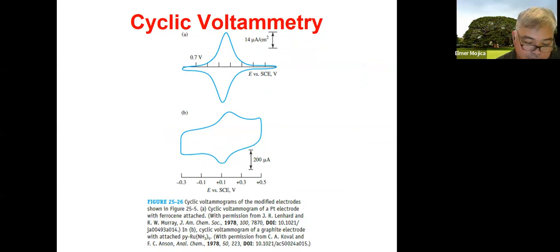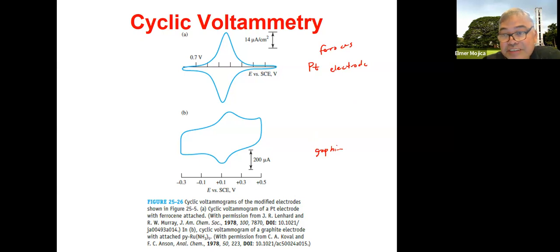So what is the difference that you have here? So this one, you have a platinum electrode. And this one, you have a graphite electrode. So this one is just for the ferrocene. So I would say they are reversible in both of them.